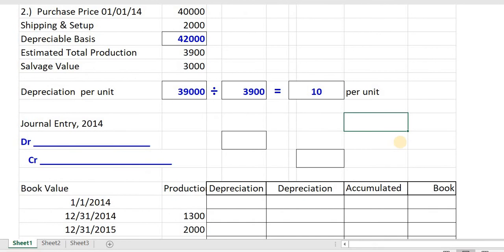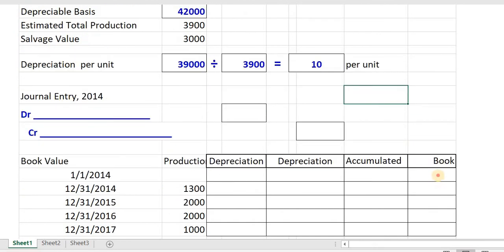Let's look at our depreciation schedule. Book value to get started is $42,000. What happens in year 1? We depreciate 1,300 units at $10 a unit. So we're going to have $13,000 in depreciation. We've accumulated $13,000 and our book value is down to $29,000.